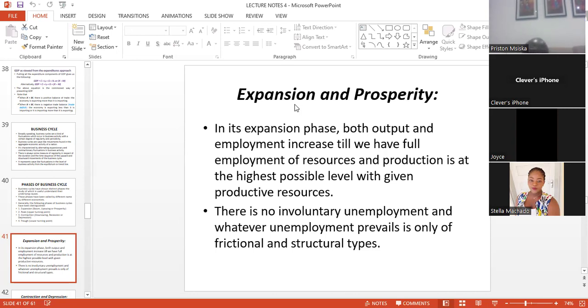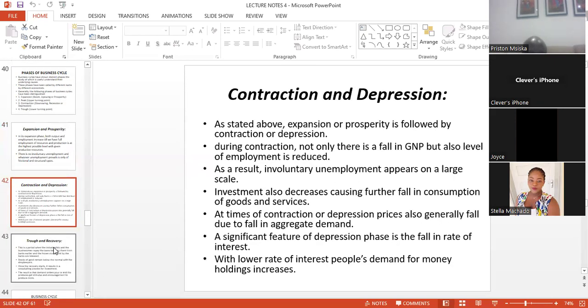Let's go to the next phase. So contraction has to follow an expansion. Things have to, you cannot have them better all the time. They have to go down.